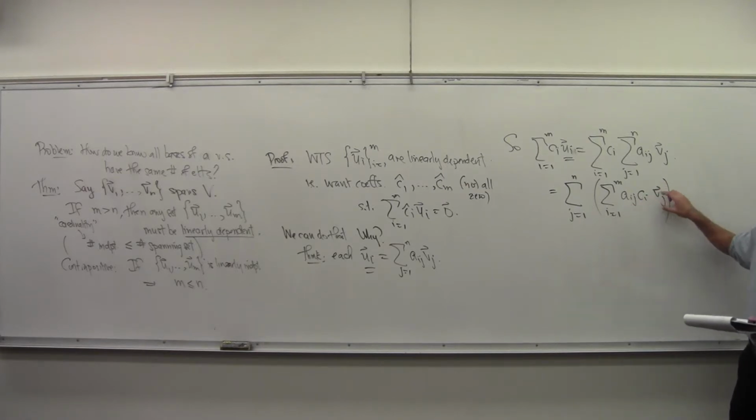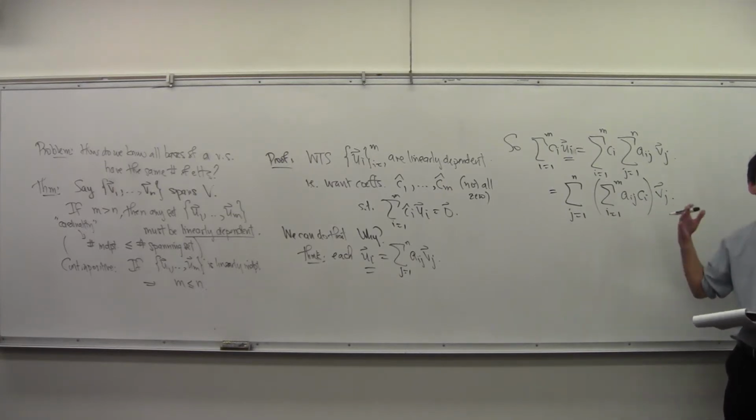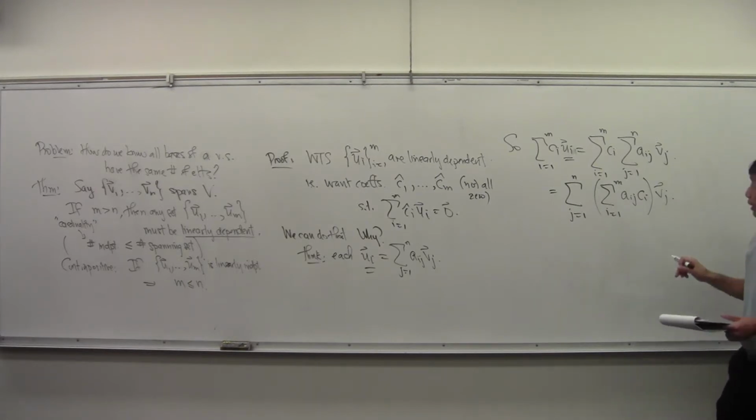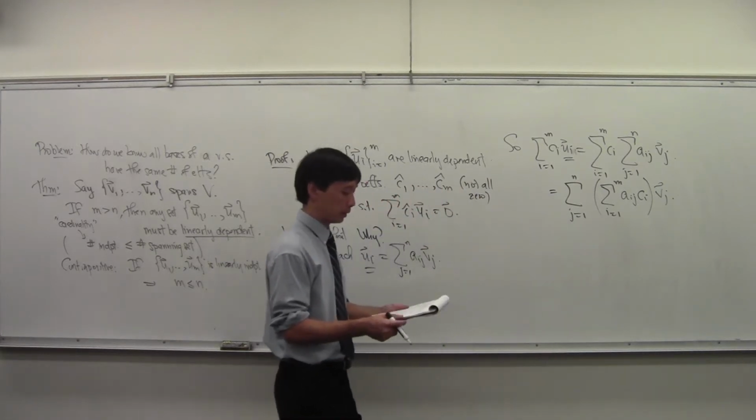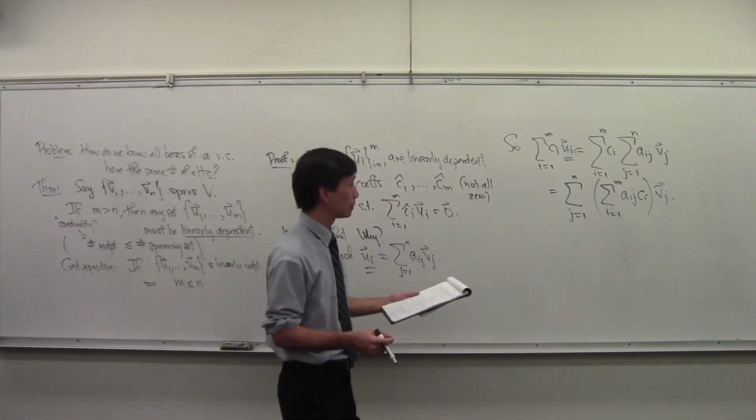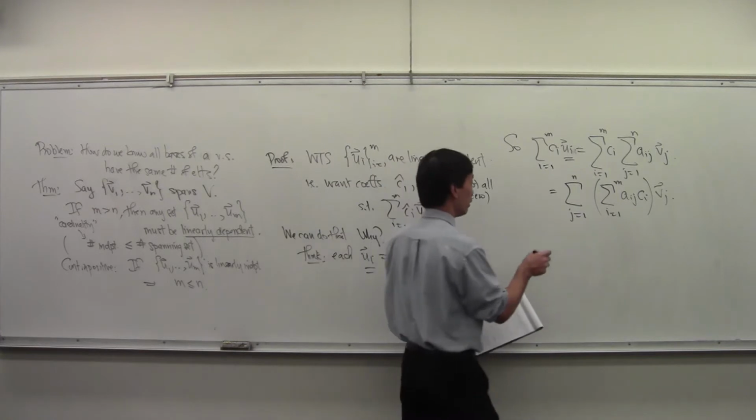It's the same vj, it just gets multiplied by the same thing, so I don't have to include it in the i summation. I can pull it out by the distributive property. So I distribute the vj out.